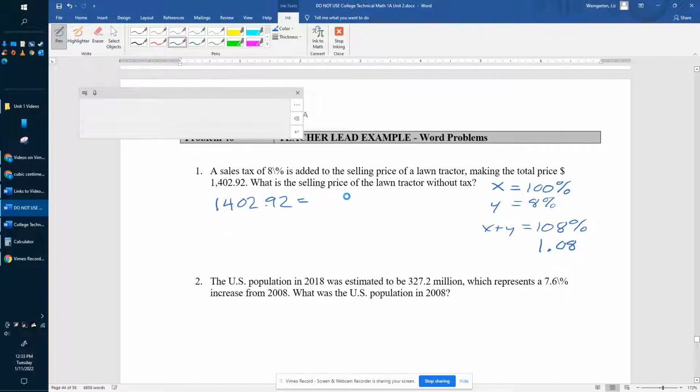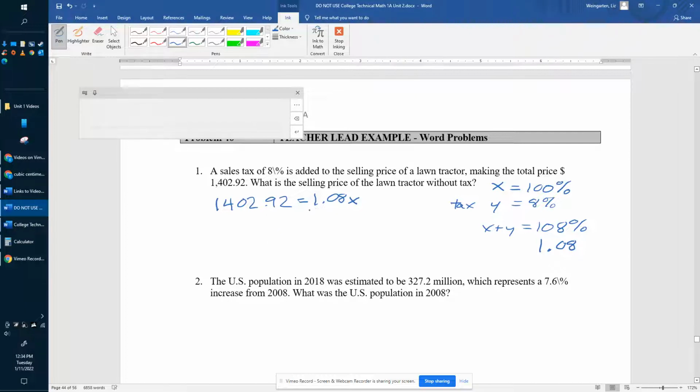If we multiply our base times 108%, we're going to get this number. So 108, or 1.08 as a decimal, times our base, which we don't know, is going to give us $1,402.92. So X is our base, Y is our tax, but we know that both together are 108%.